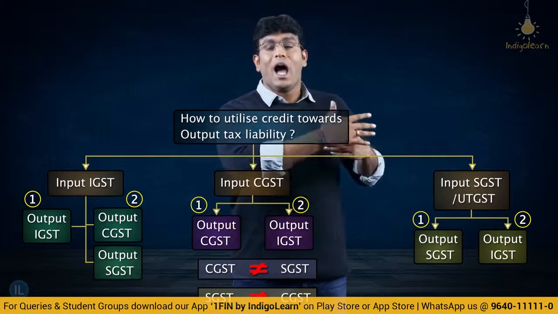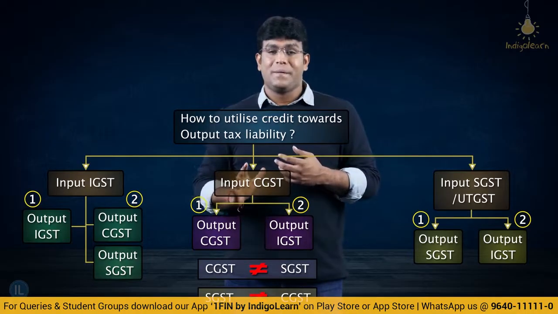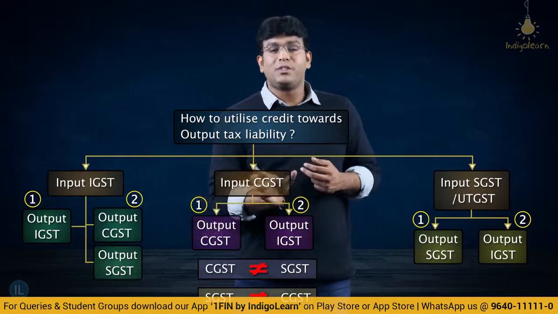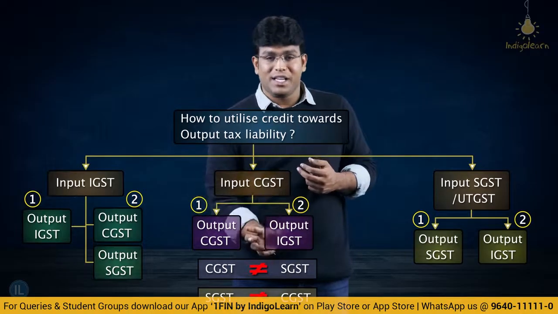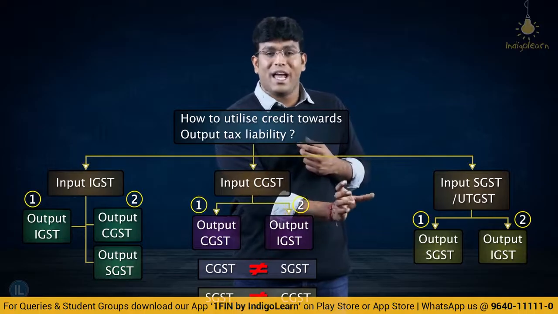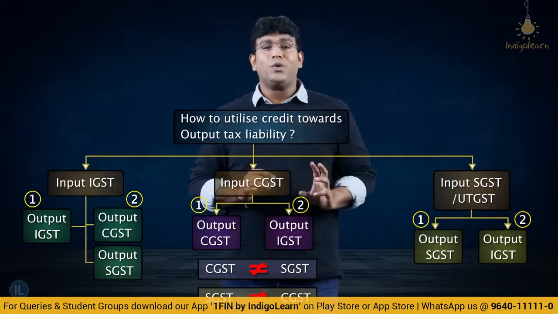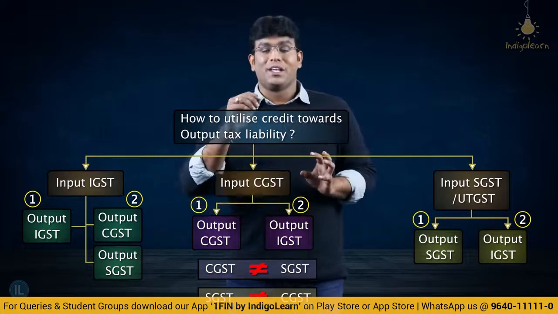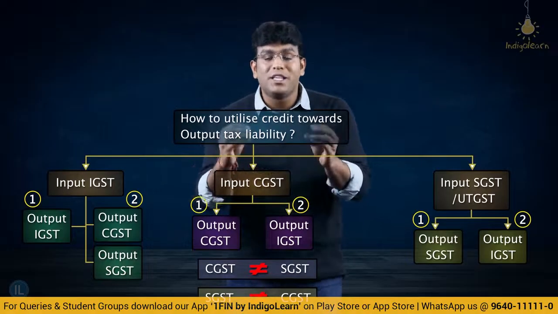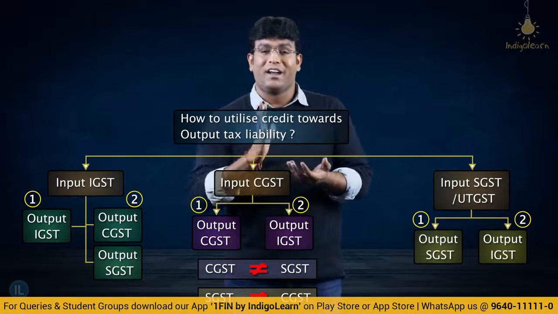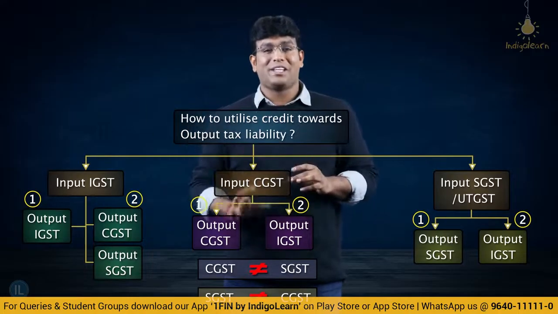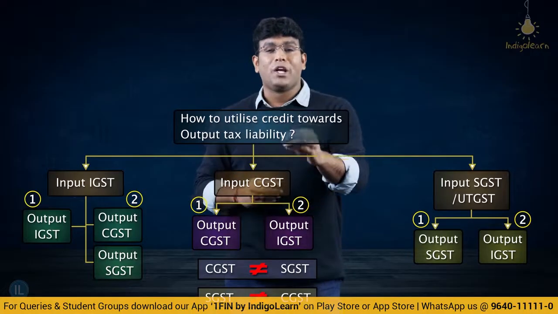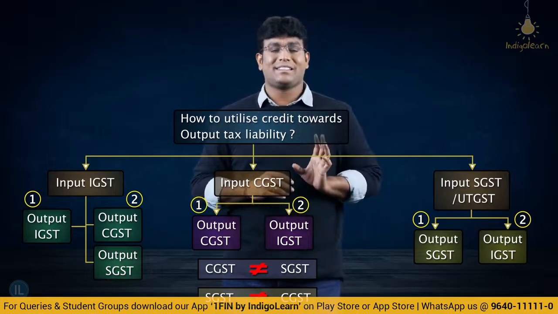Input SGST for output SGST and IGST. But you cannot use CGST for SGST, or SGST for CGST. So it is very important that you keep this point in mind while adjusting your credit with your output tax. So the balance in the electronic credit ledger can be used only for payment of output tax.